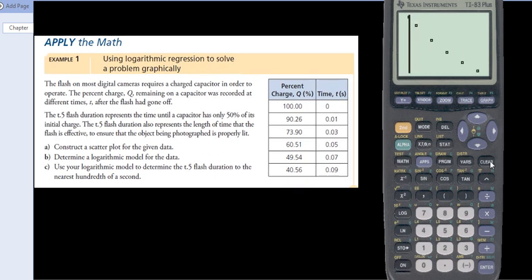So take a moment to populate your list there. Okay, so when you graph this, adjust your window, and you should be able to see this. Now that looks to me like it could be an exponential function as well. But you'll find in the textbook that they used a logarithmic function. So why would a log function be more appropriate here than an exponential function, do you think?